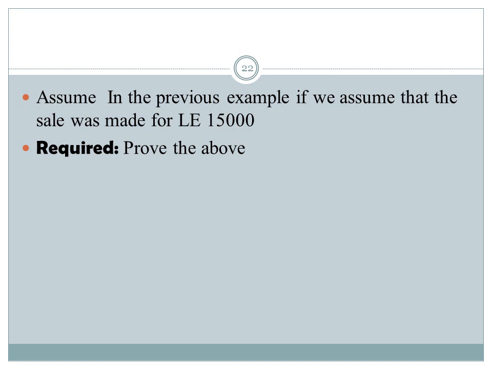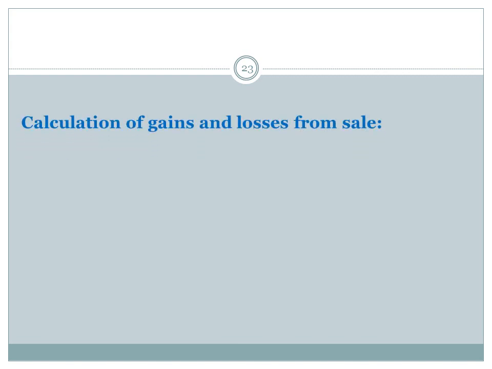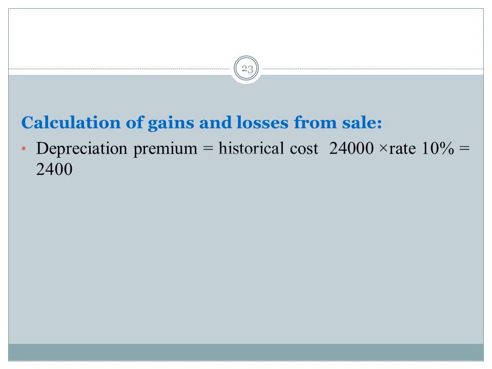Assume in the previous example that the sale was made for 15,000 pounds. Prove the above. Calculation of gains or losses from sale. Depreciation premium equals historical cost 24,000 pounds multiply rate 10%, so the depreciation premium equals 2,400.